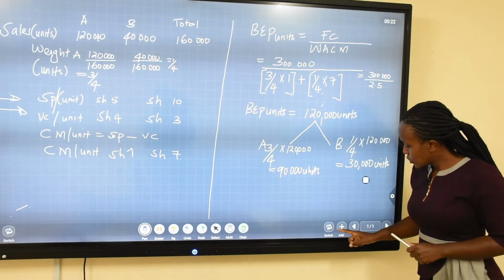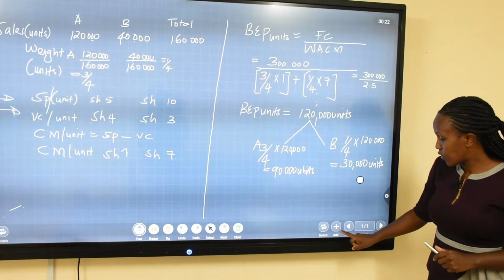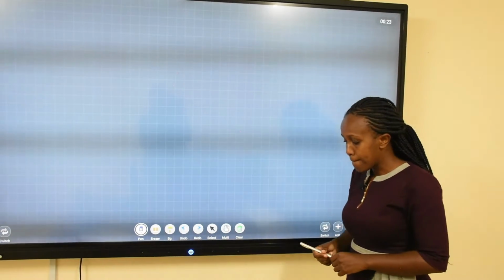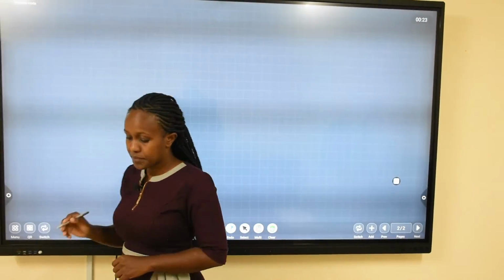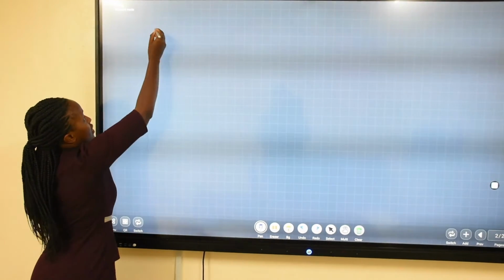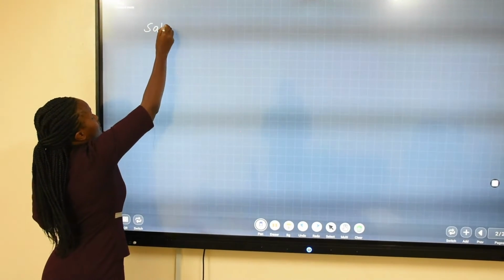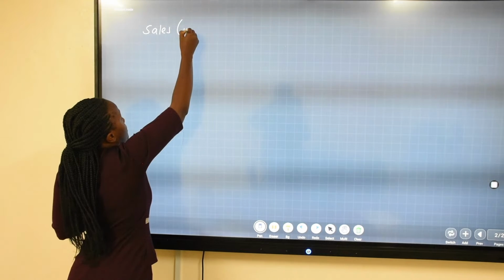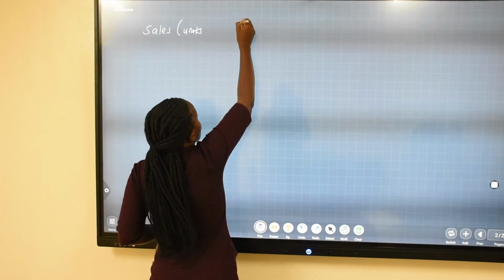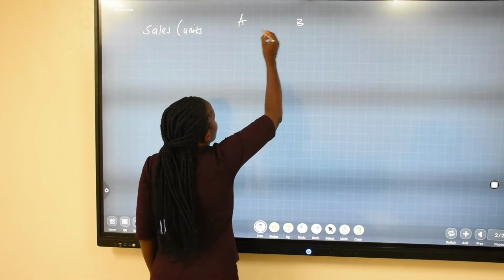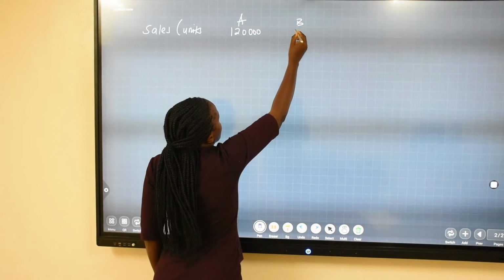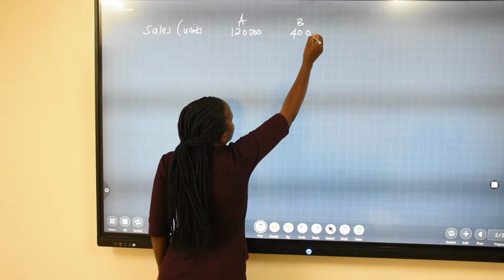So to answer the second part of our question, to get the BEP in shillings, again I'm going to start here, and now we want to get the answer in shillings. We can recall that the sales in units for A and B were 120,000 and 40,000.